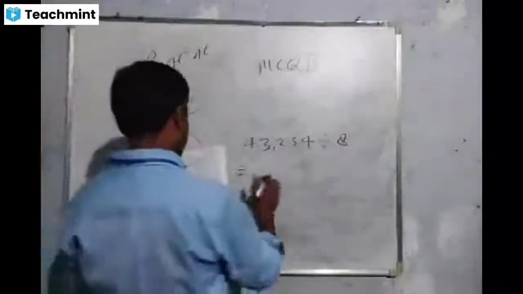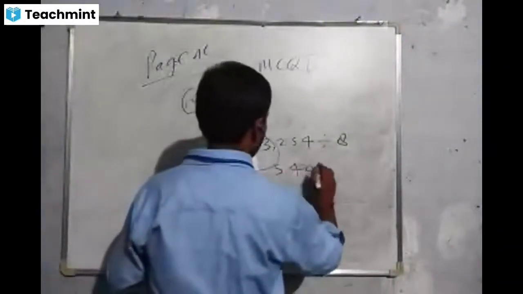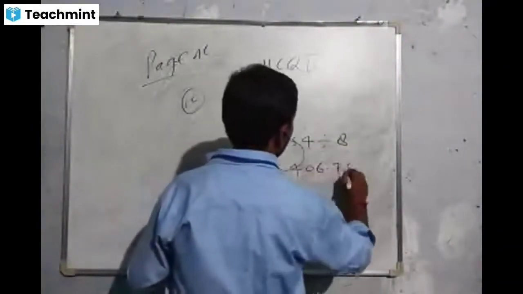So if you divide, this becomes 5,406.75.